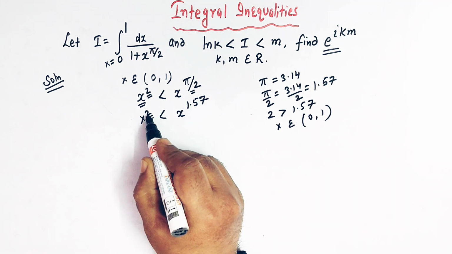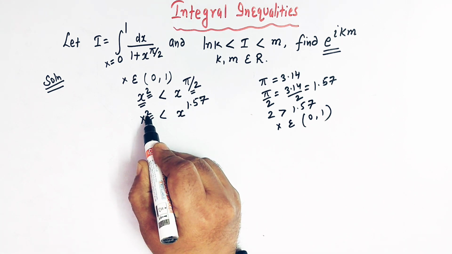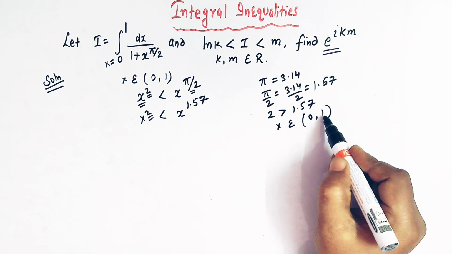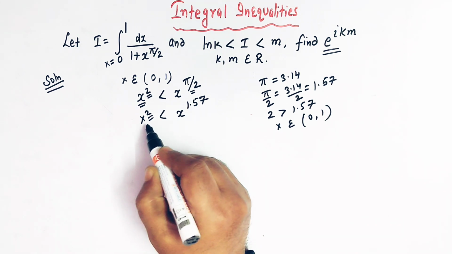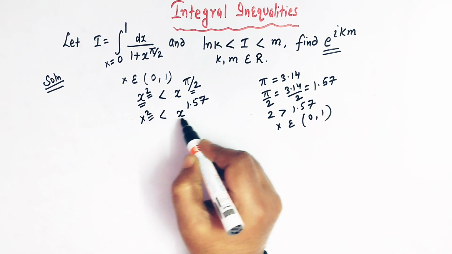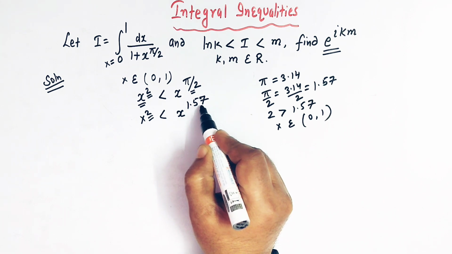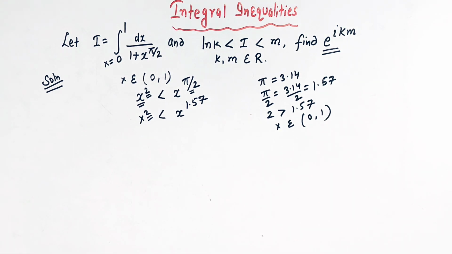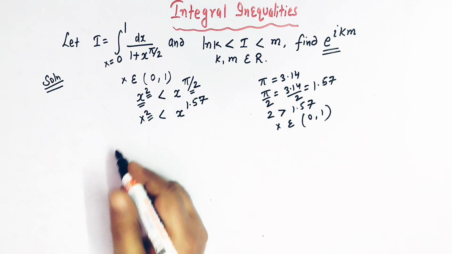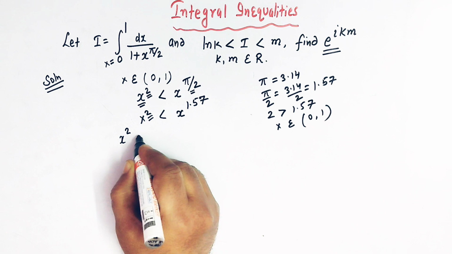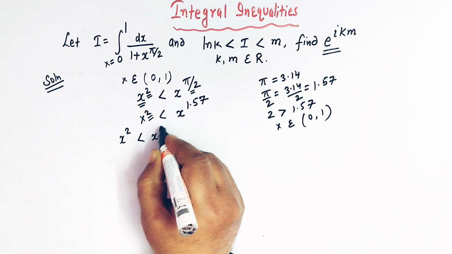So higher is the exponent, when x lies between 0 and 1, lesser is the number. So x square should be less than x raised to 1.57.